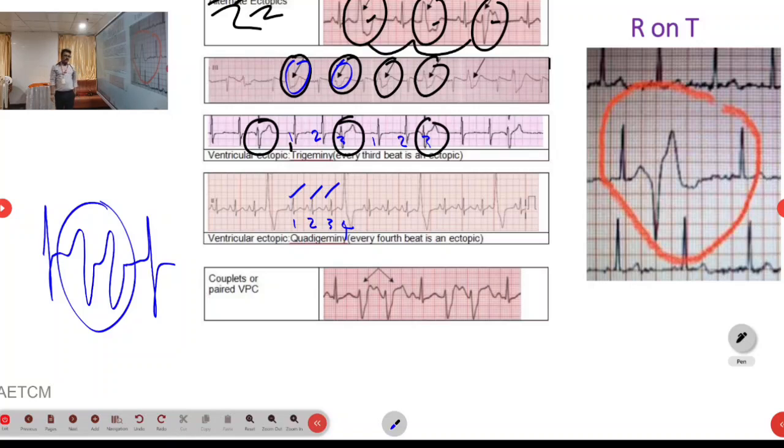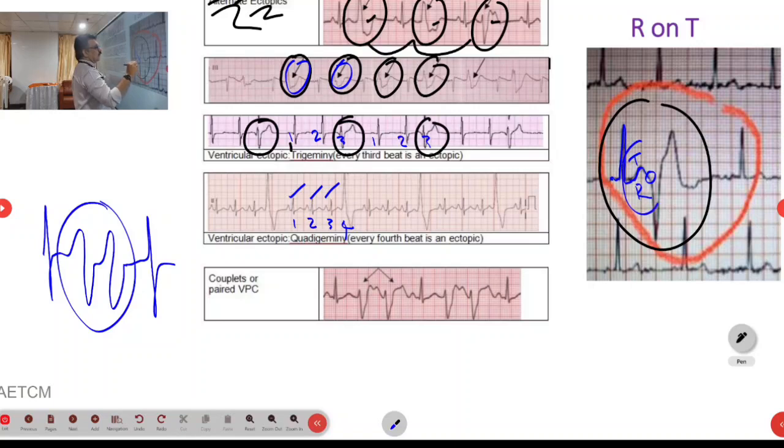They can at any time go ahead and produce some sort of ventricular arrhythmia. This phenomenon is called R on T phenomenon. You can see here the first QRS complex, P, Q, R, S, T, and the next R comes on this T wave.